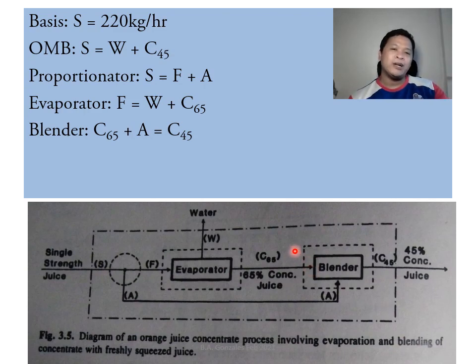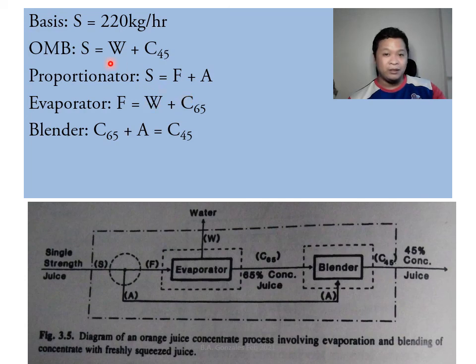And therefore, off the bat, we can write down 4 equations. Okay, so I've conveniently named the variables after kung ano yung nasa picture. So you have S, A, F, W, C65, C45, and then we can see here.